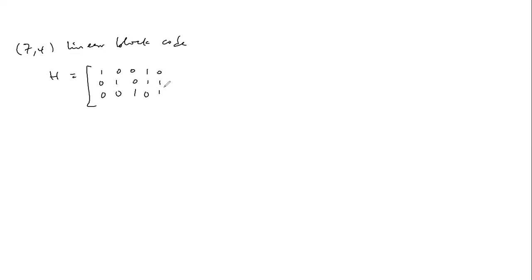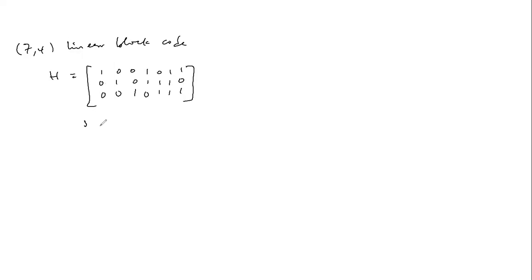So let's assume we have a 7x4 linear block code, and the parity check matrix is given as 1 0 0 0 1 0 0 0 1 1 1 0 0 1 1 1 1 1 1 0 1.